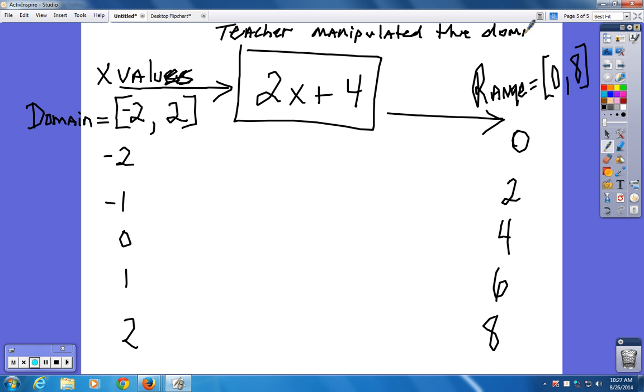How did I manipulate the domain? I told you that you could only use what? -2 to positive 2.